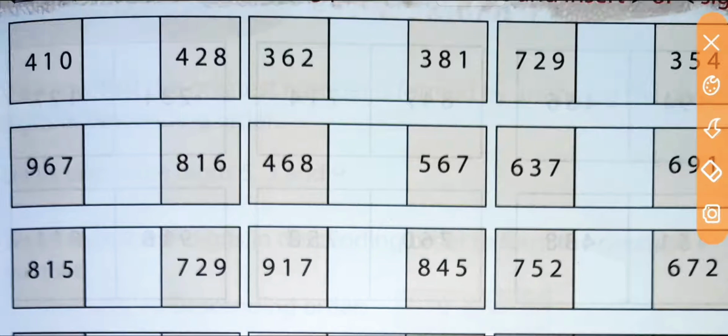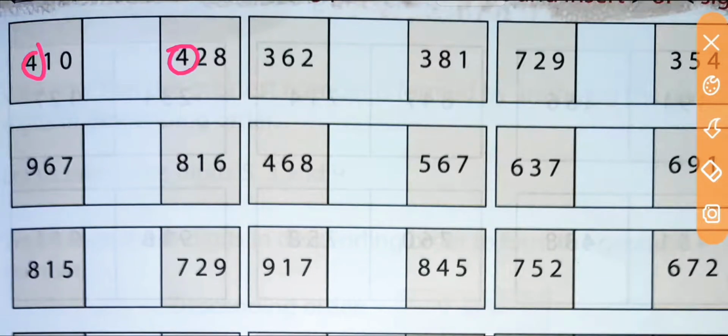We have to put greater than, less than or equals after comparing the given numbers. First number is 410 and next number is 428. The first digit of the first number, that is 4, and the first digit of the second number, that is 4, are equal.